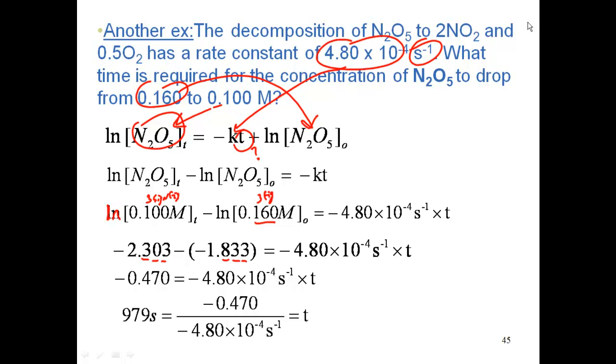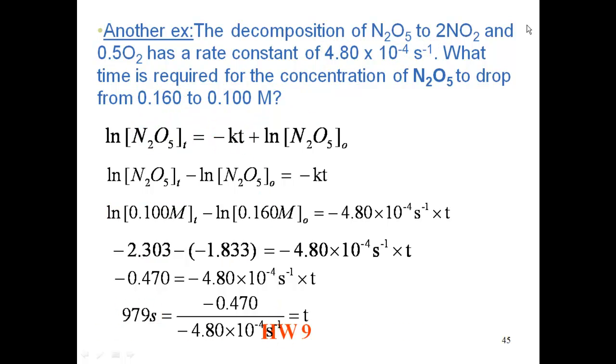Now realize that this per second is like saying 1 over second. So in essence, the seconds is in my numerator, which is where we want it because I'm trying to find time. And we get an answer of 979 seconds. So if I wait 979 seconds, my concentration will drop from 0.160 to 0.100 molarity.